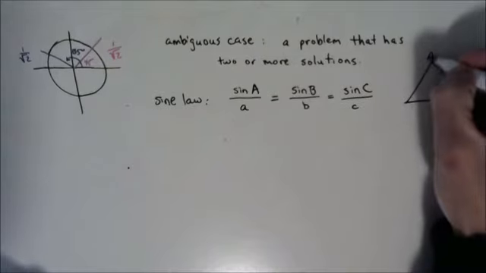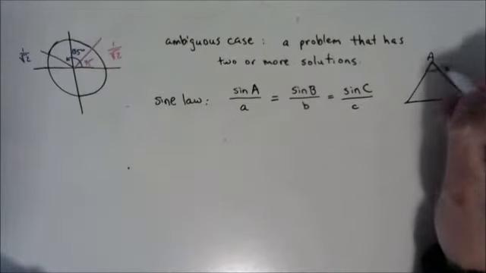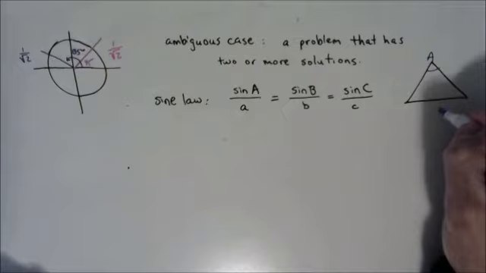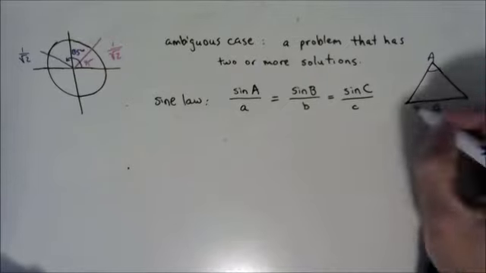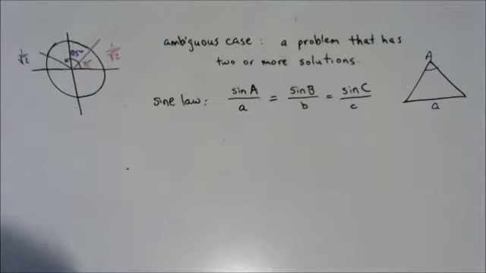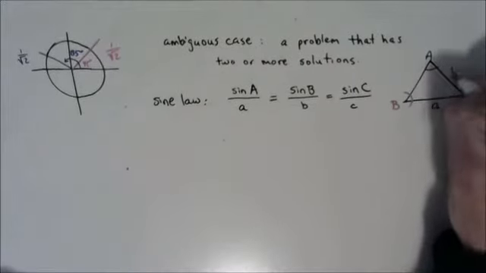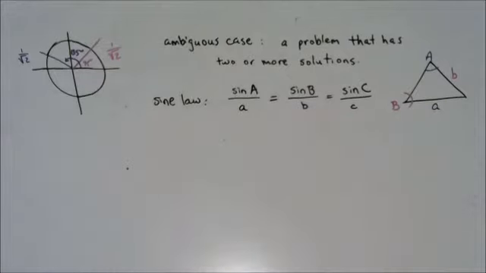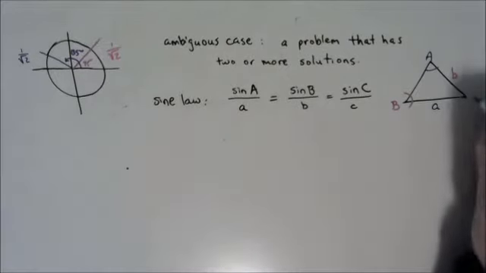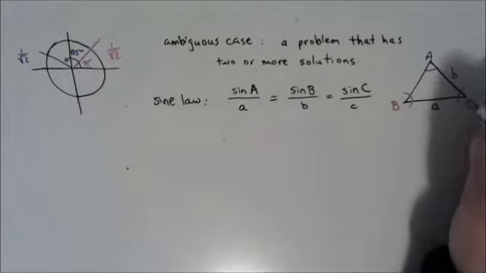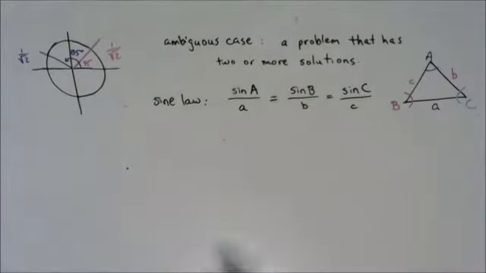You get the point. If we're talking about the sine of angle A over the side length a, that's going to be equal to the ratio that is made by taking the sine of angle B over side b. And that's going to be equal to the ratio that is made by taking the sine of the third angle, angle C, over the side c.